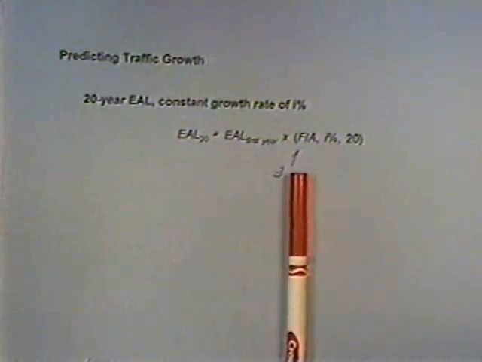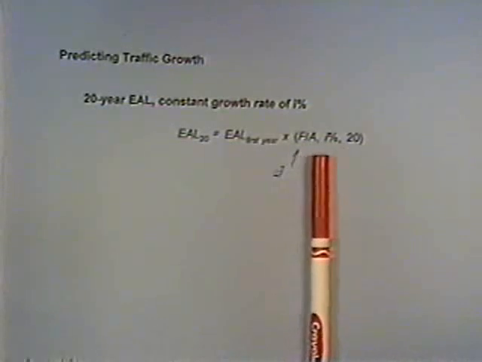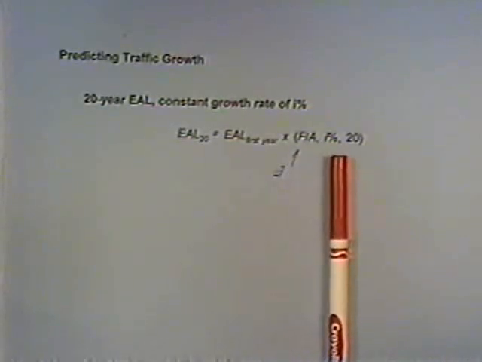If we know what it is for the first year, which we should be able to get fairly easily, we can use our economic tables and look for the future value of some annual number of equivalent axle loads. We have a constant growth rate of I%, and that's going to accrue over a 20-year period. And you can get that factor from, like I said, your economic tables for different growth percentages.